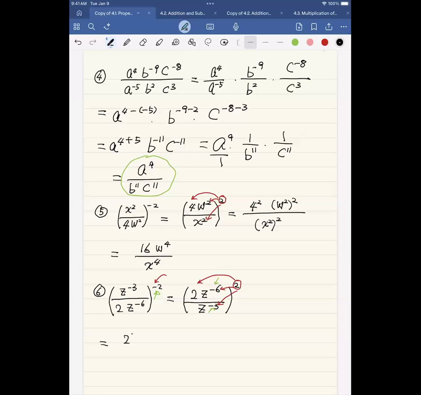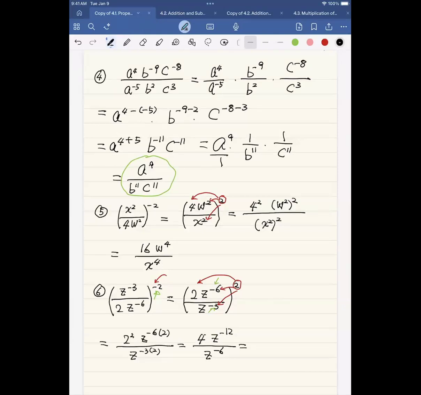That is 2 squared times z to the negative 6 times 2 over z to the negative 3 times 2, which is 4 times z to the negative 12 over z to the negative 6 power.